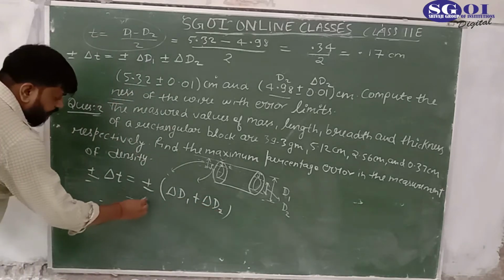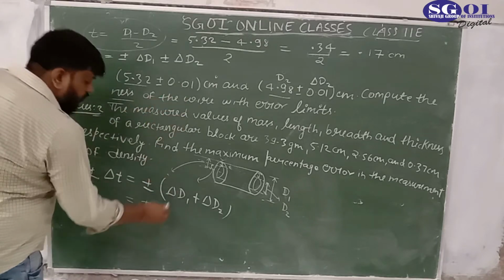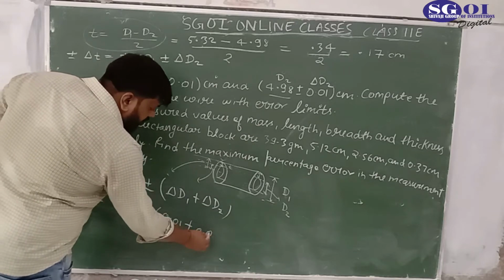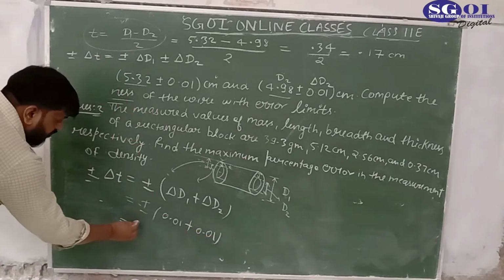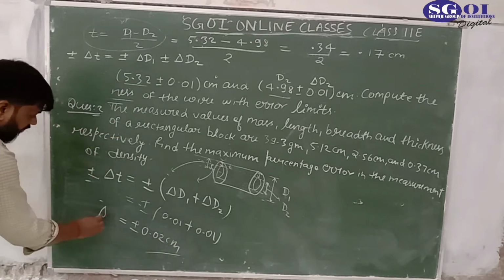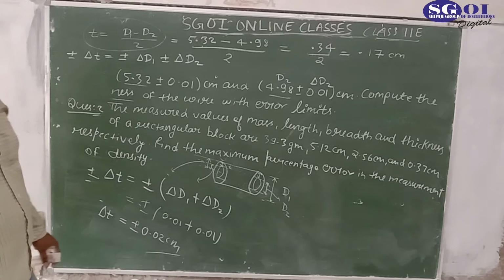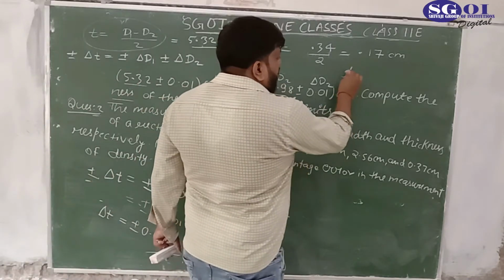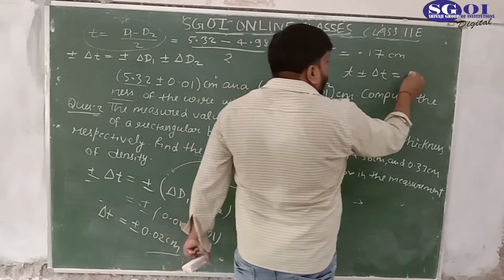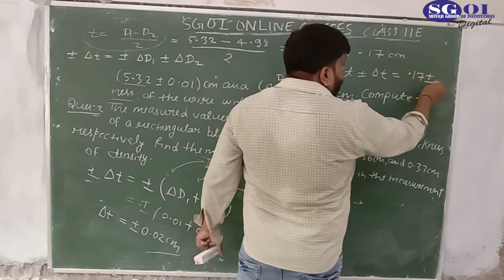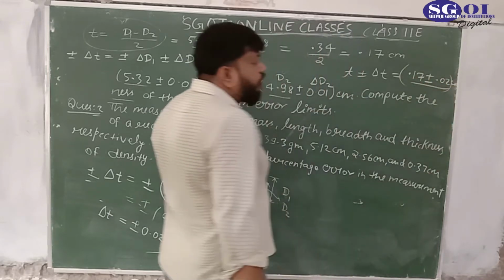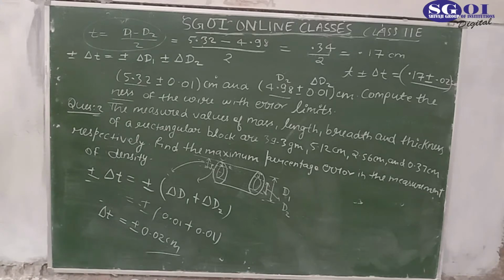Delta D1 is 0.01 plus 0.01, so it would be 0.02 centimeter. This is the value of delta T. So our final answer is T plus or minus delta T, which is 0.17 plus or minus 0.02 centimeter.